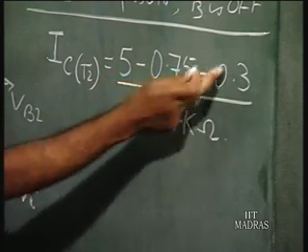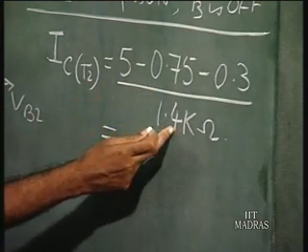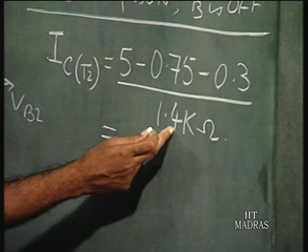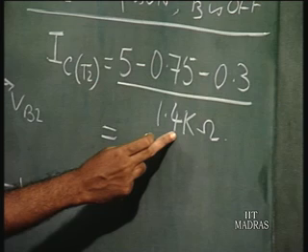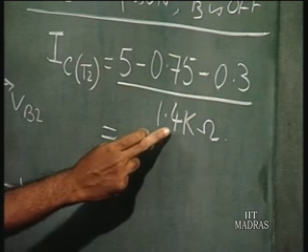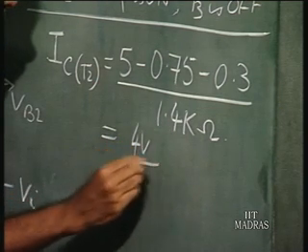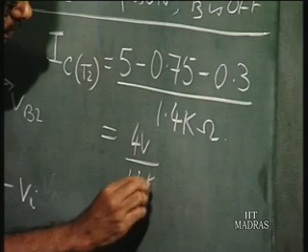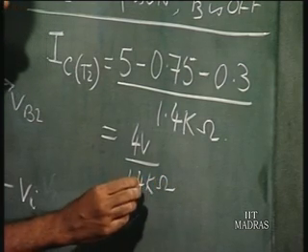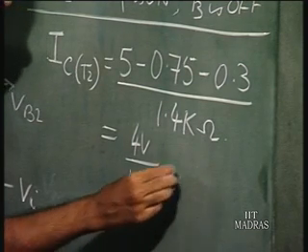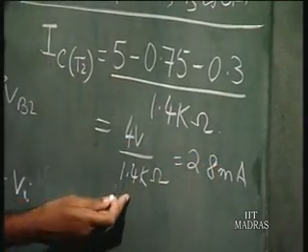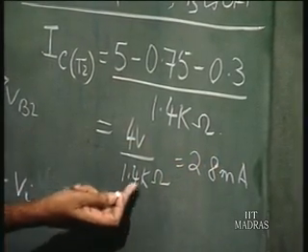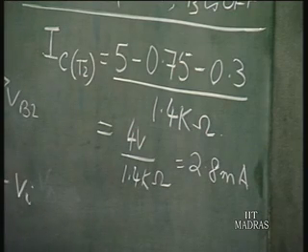This is around, you can say, 4 volts by 1.4 kilo ohm. So this works out to be around 2.8 milliamperes.